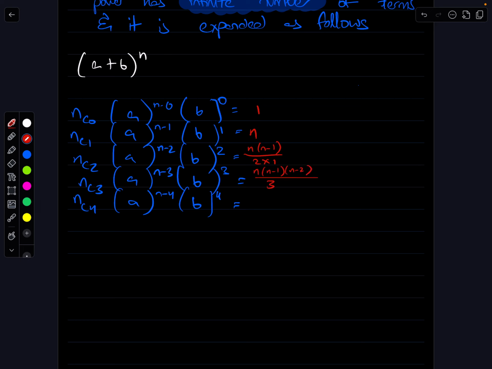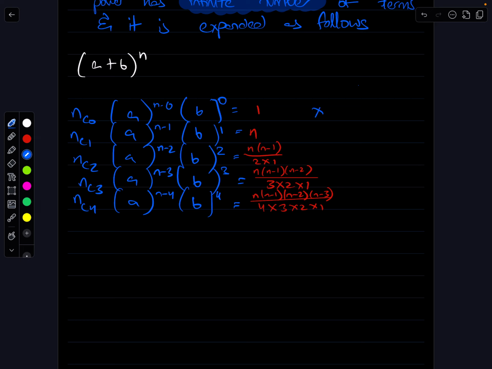And yeah, 3, 2, 1. The number of terms in the numerator is equal to the number of terms in the denominator. And nC4 would be something like this. And 4, 3, 2, 1. And the rest of the things remain the same.